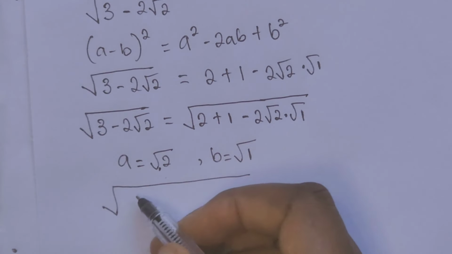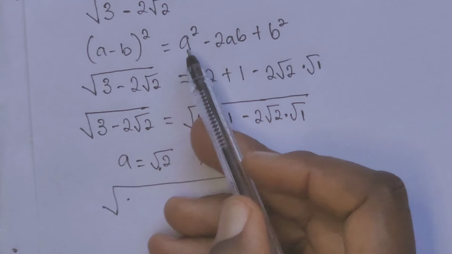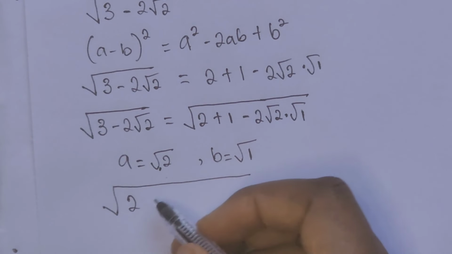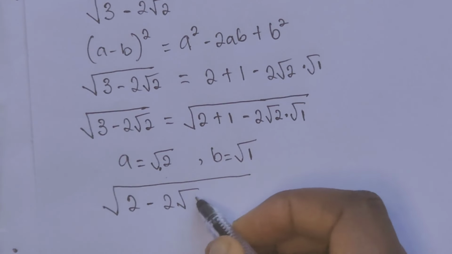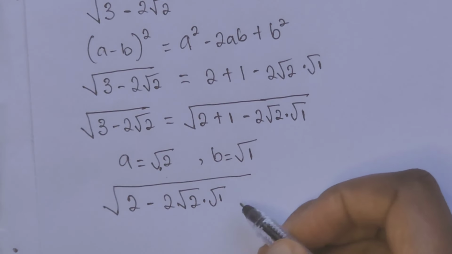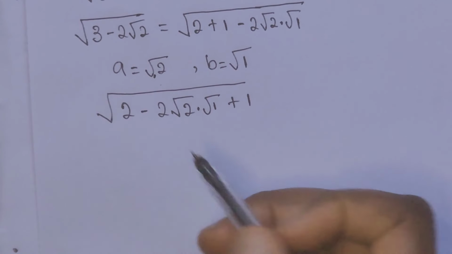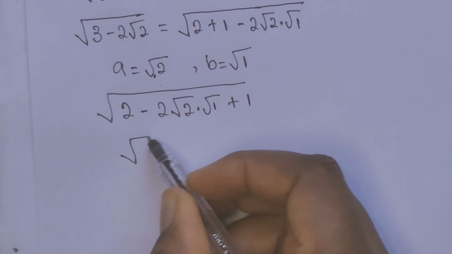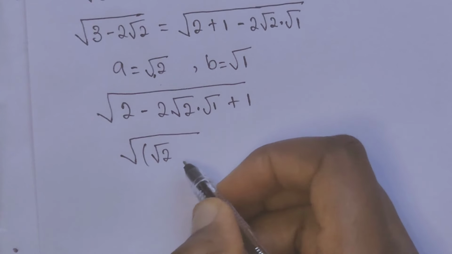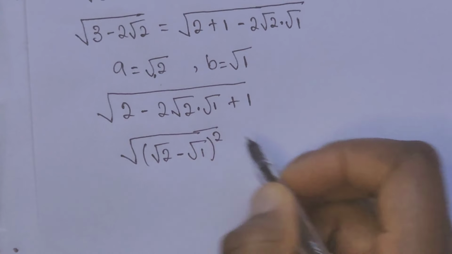So we have 2, remember this is a squared, so we have 2 minus 2 root 2 times root 1 plus 1. So this simply means we have the square root of root 2 minus root 1 all squared.